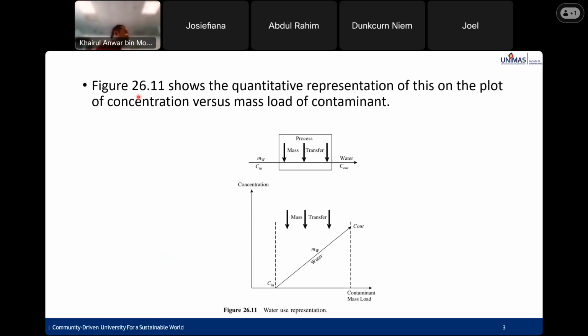Figure 26.11 shows the quantitative representation of this on the plot of concentration versus mass load of contaminant.